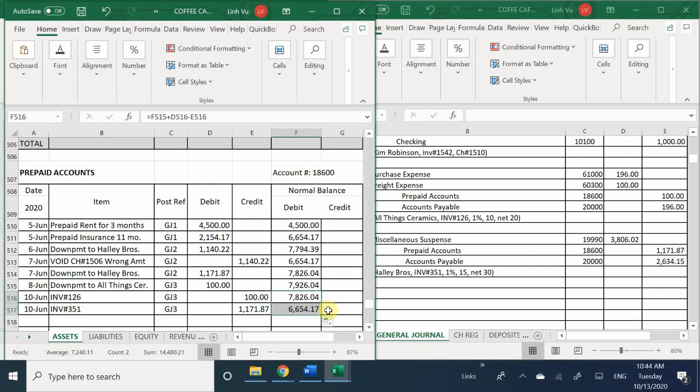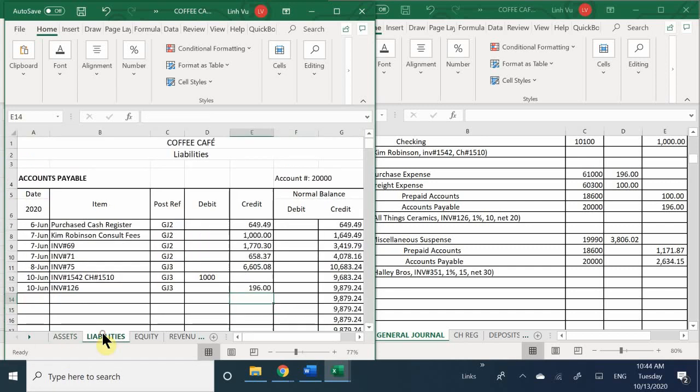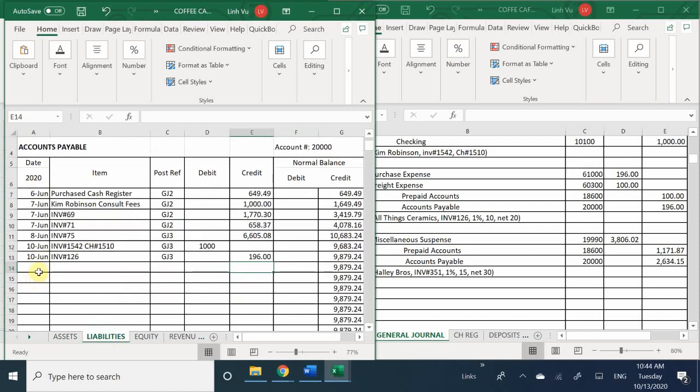All right? And then now I'm going to also increase my liabilities. So here, I'm going to also indicate the 610. Write that this is from invoice number 351. And this is journal number 3.